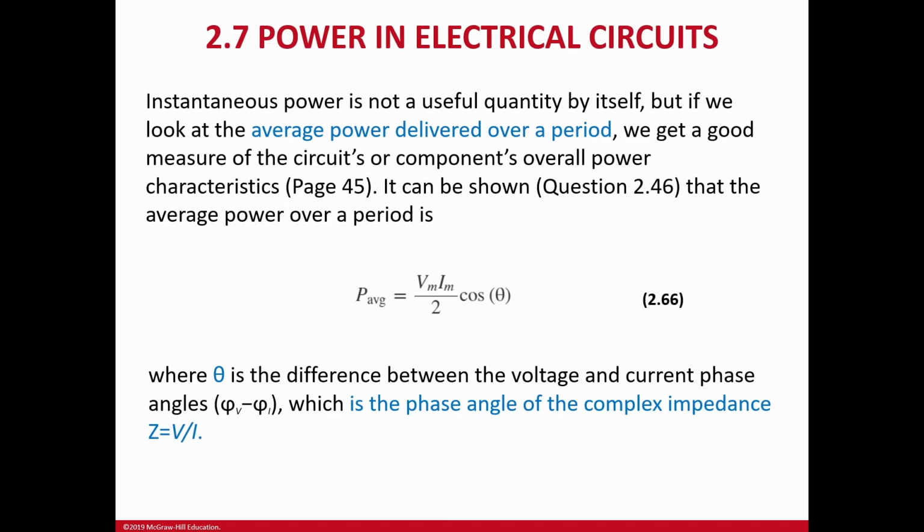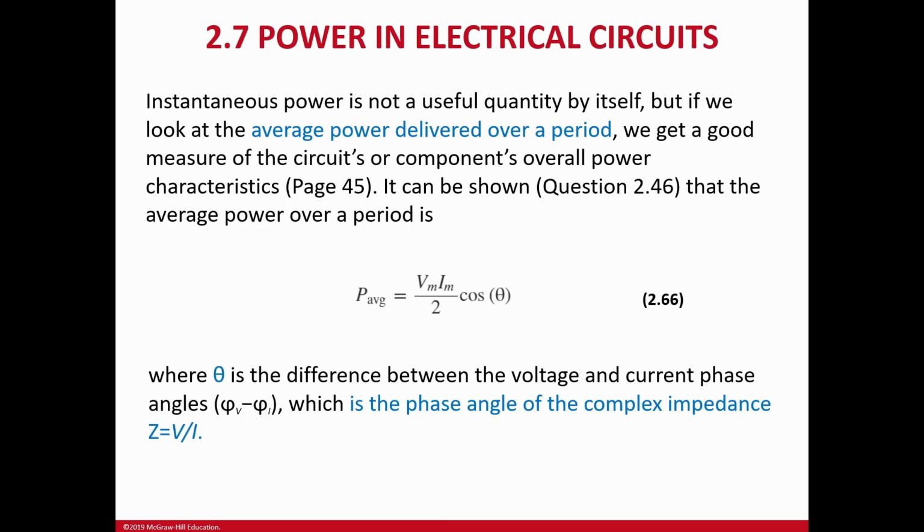If you want to calculate the power, the power will be the multiplication between the V and the I, right? And there will be a phase angle here, theta, and the theta is the difference between the voltage and current phase.